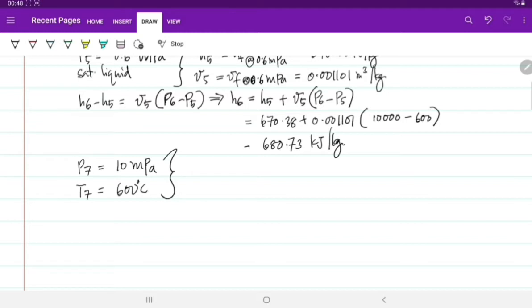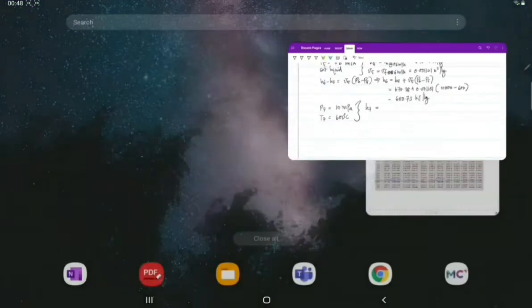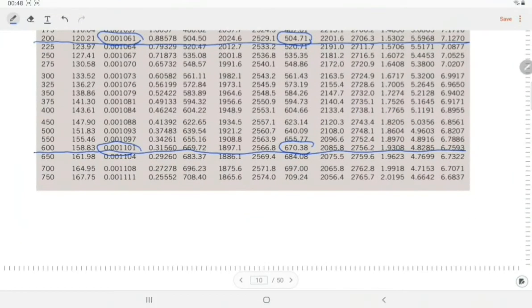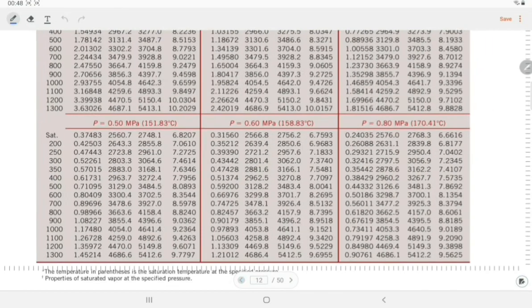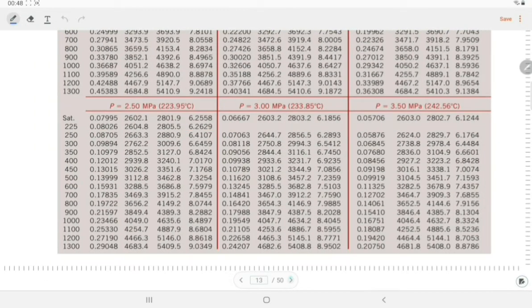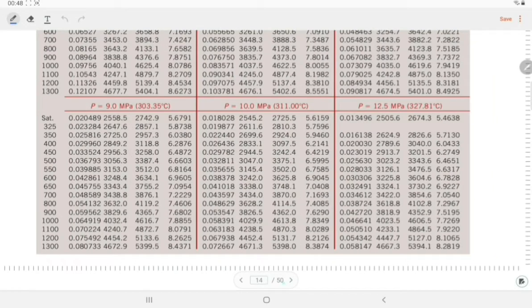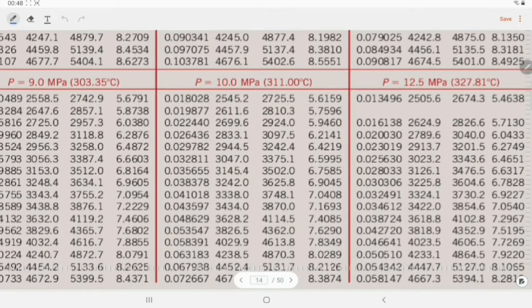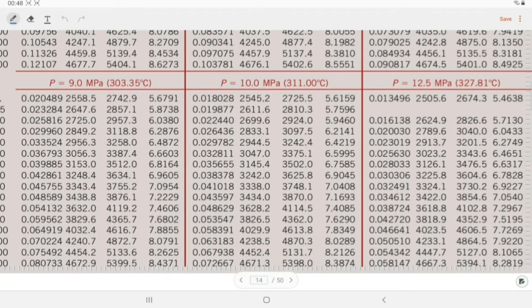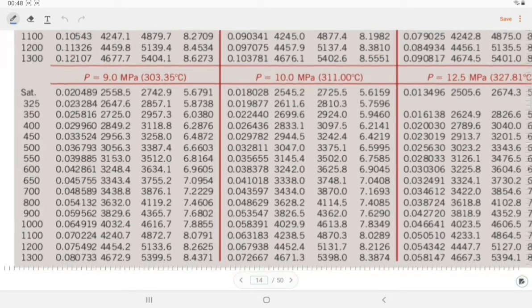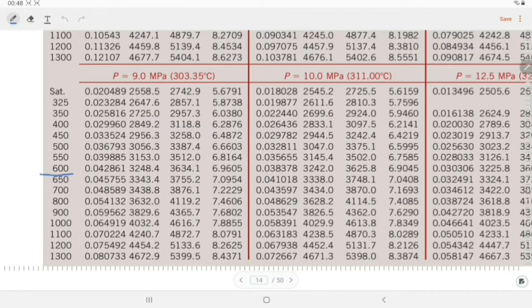From here you can find H7. So go to the steam table, 10 megapascal, 600, I think it is in the superheated. So this will be the table, 10 megapascal, 600 degrees Celsius.